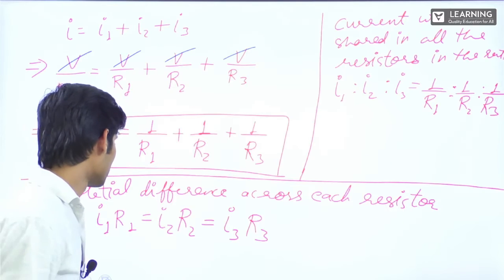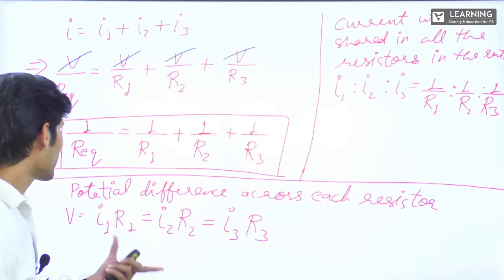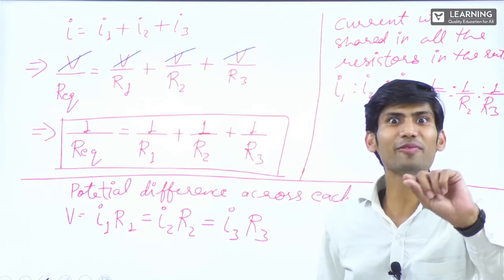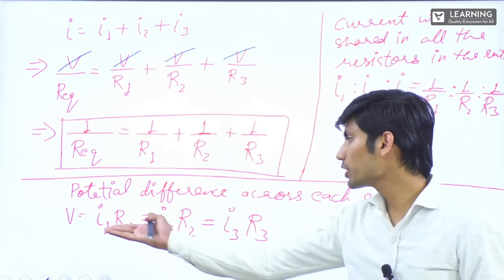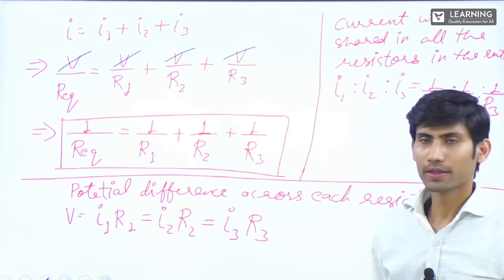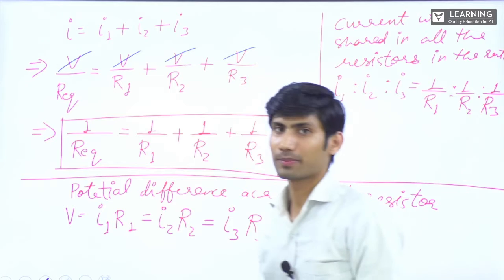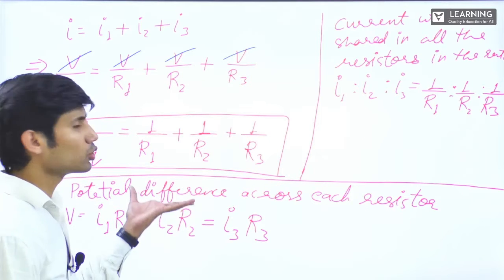Alright. So from here what we can understand is the resistor which has the smallest value will draw the maximum current, because we have to keep these products equal, right? The resistor having the smallest value will draw the maximum current. And now there is one more conclusion we can get.